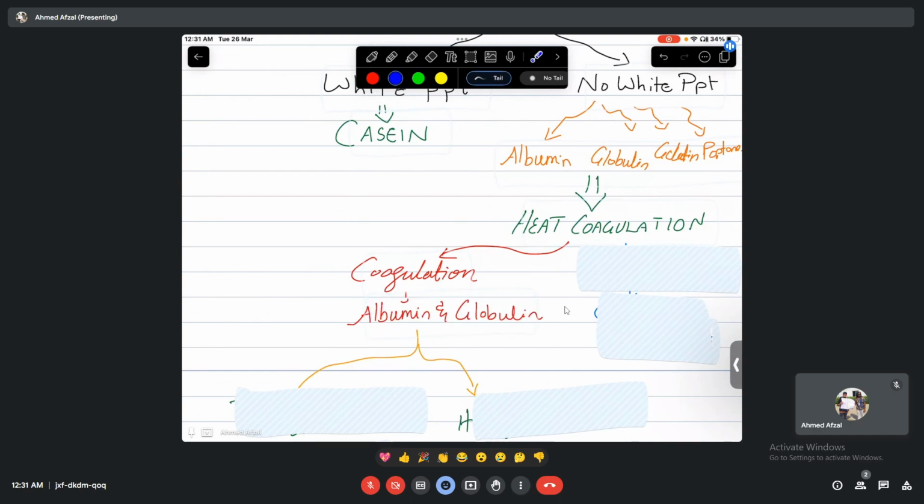It could be either albumin or globulin. Okay, but what if there's no coagulation? So it would mean that there is either gelatin or peptone, and then you could perform a color test to find out which one specifically it is, right?